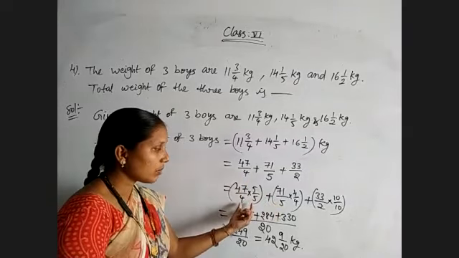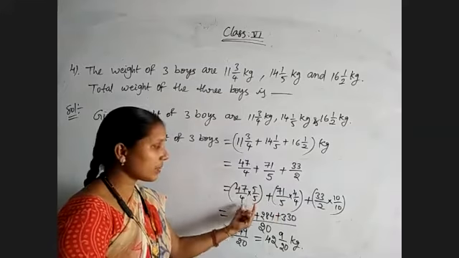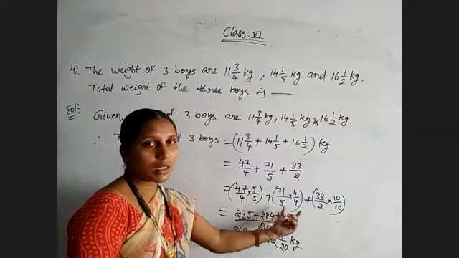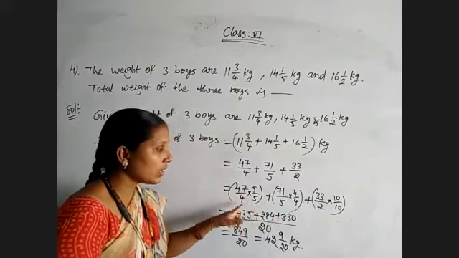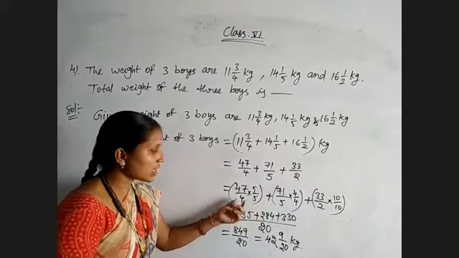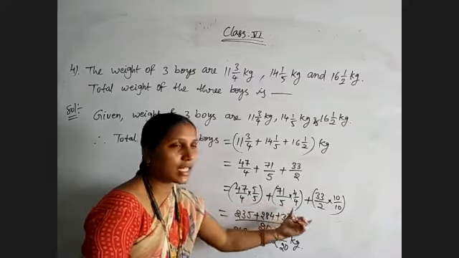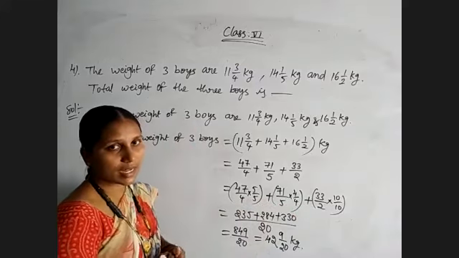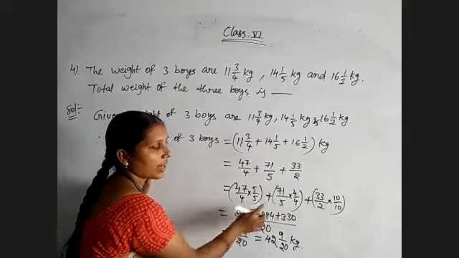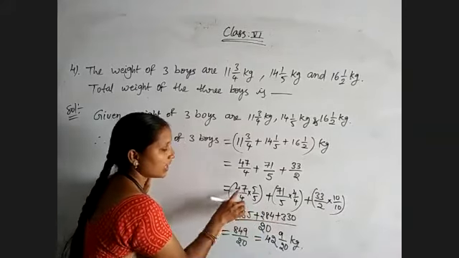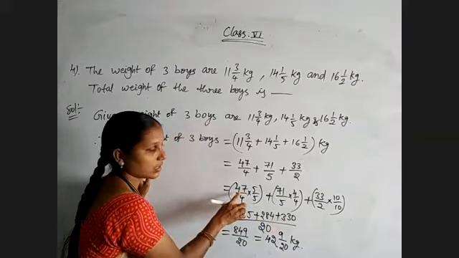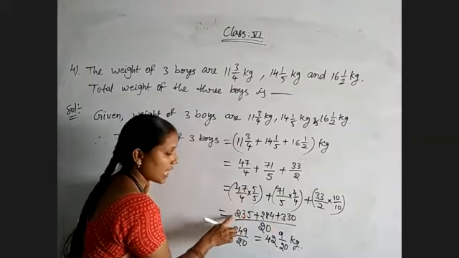So by multiplying the denominator with which number we will get 20, like that we are getting the equivalent fractions. Then after the equivalent fractions, every fraction having the denominator 20, so all those are like fractions. So sum of the like fractions is nothing but sum of the numerators by common denominator. So here what is the numerator for first fraction? 47 into 5 and its answer is 235.